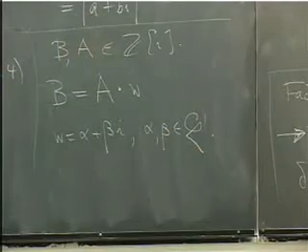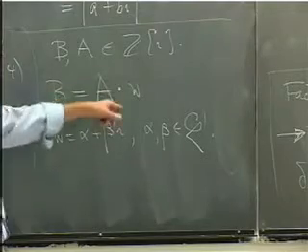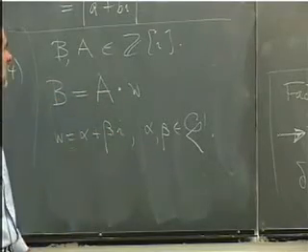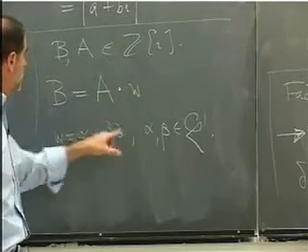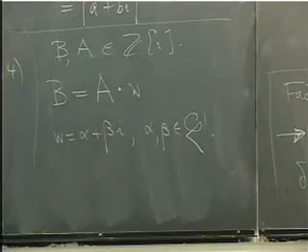Well, all you have to do is see that you can divide A into B and get an expression like this, where, I mean, you can clearly do it in the complex numbers, and you have to see that alpha and beta are actually rational numbers.